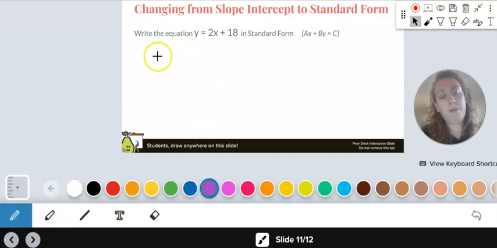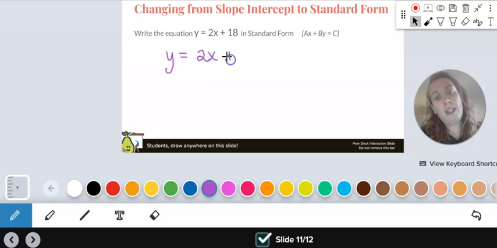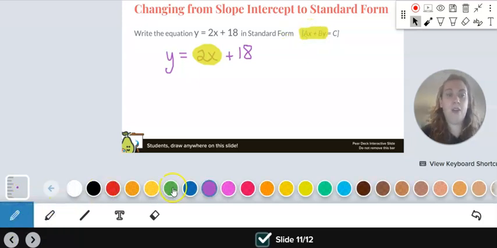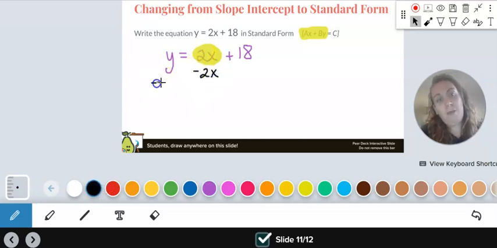Alrighty, let's look at this one. So we have y equals 2x plus 18. If we want to put this in standard form, we want this x term on the other side, right? Because we always want x and y together on the left side of the equation. So to do that, since this is a positive 2x, we would just subtract it on both sides.